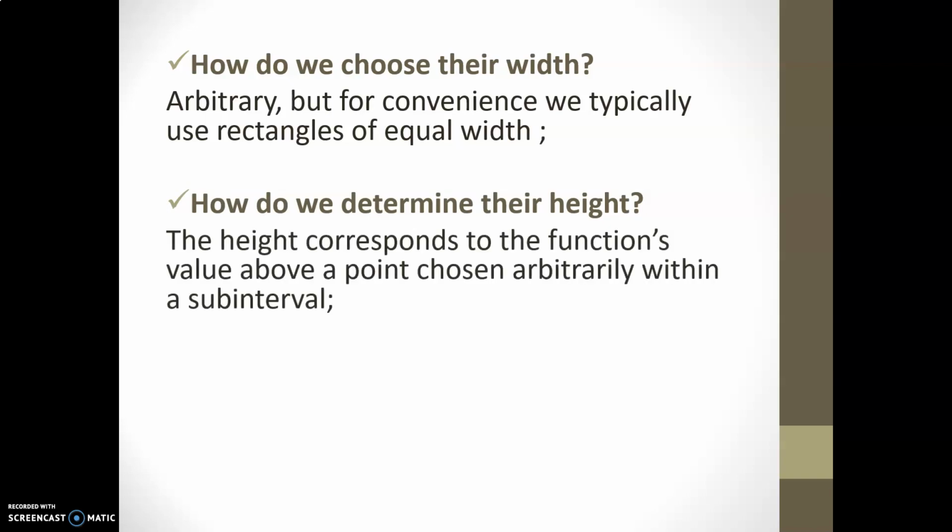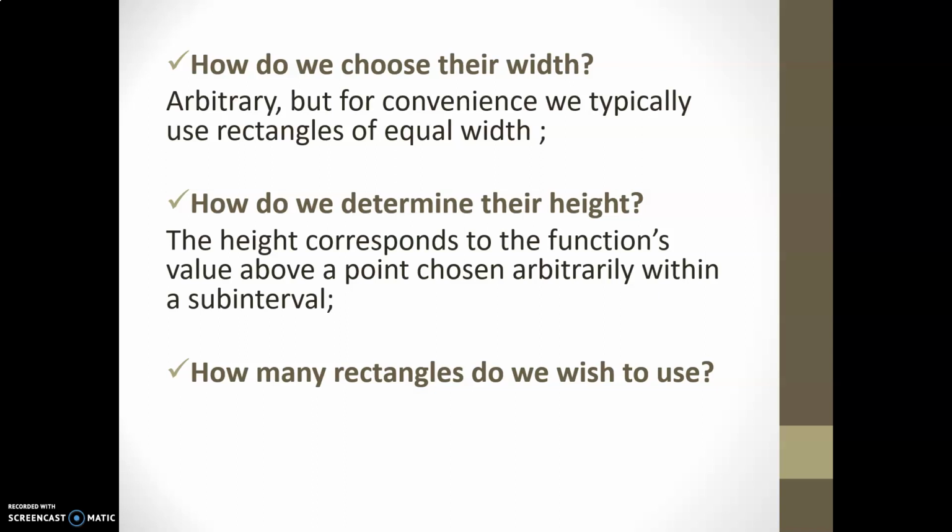Well, the height corresponds to the function's value above a point that we choose arbitrarily within a subinterval. In the examples we've done in the previous slides, I've used systematically either the left or the middle or the right-hand point of each subinterval, but there is no strict policy on that. You could pick any point within each of the subintervals to do your approximations.